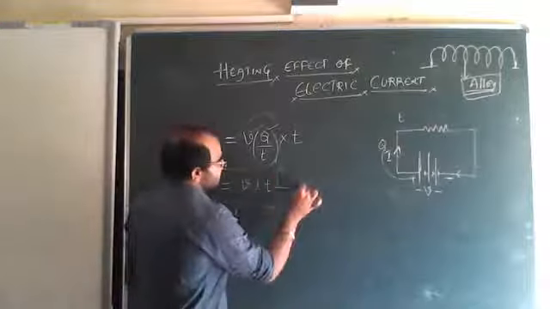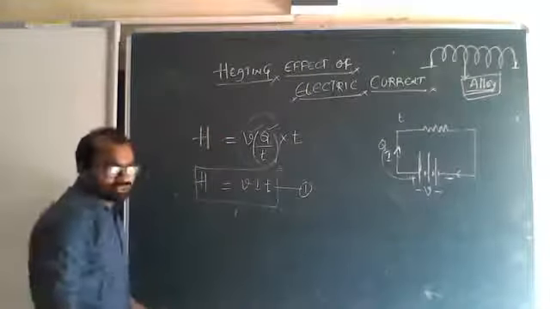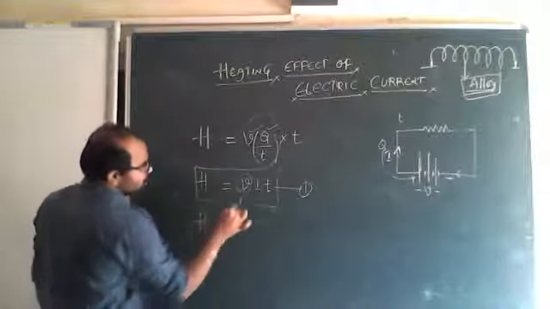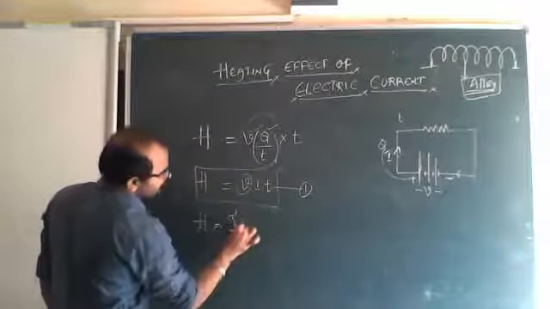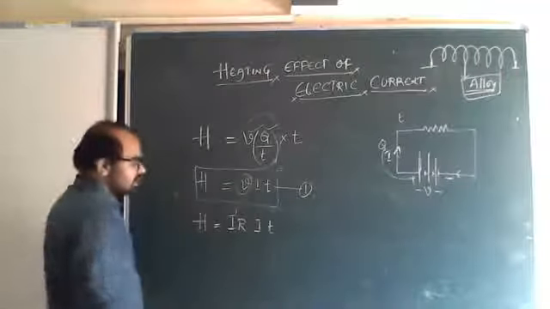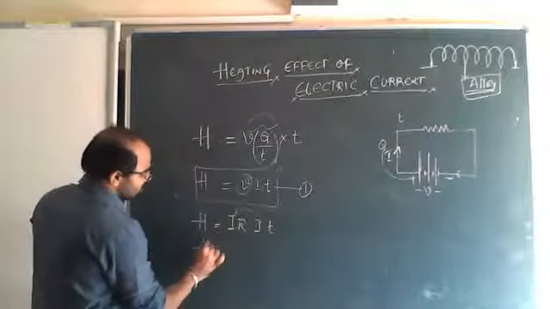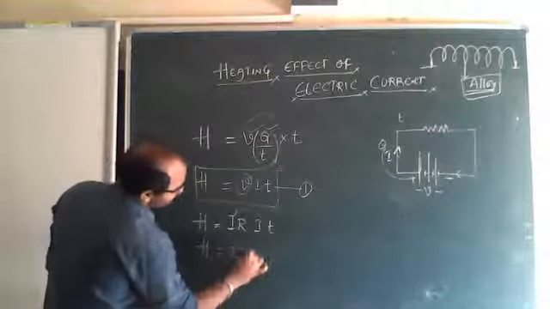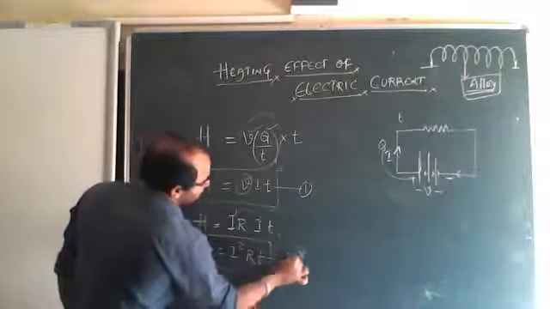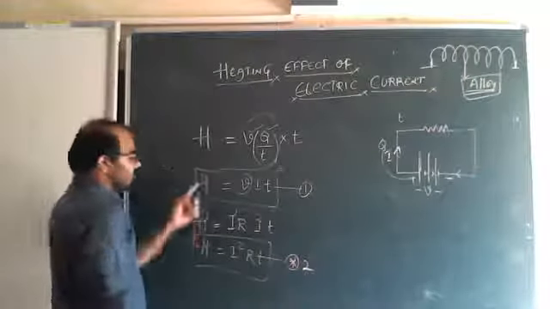So H is equal to VIT is one formula. You remember this first formula of electrical heat energy. In place of V, I will put Ohm's law. V is equal to what? IR. So H is equal to I into IR into T, I square RT. This is the second formula of heat energy.